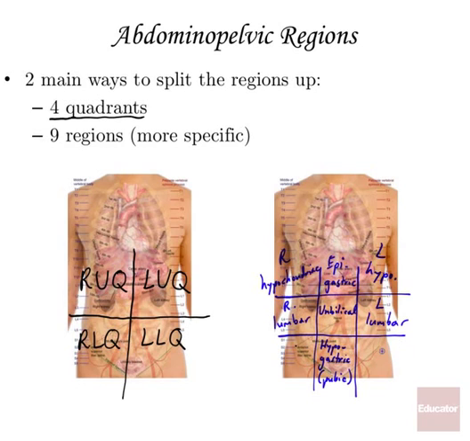Here and here, there's a couple names as well. You can call this the right inguinal region and left inguinal region, which means right and left of the groin area. If you've ever heard of an inguinal hernia, that's the area that would be located in. Hernias will come up in a future lesson.